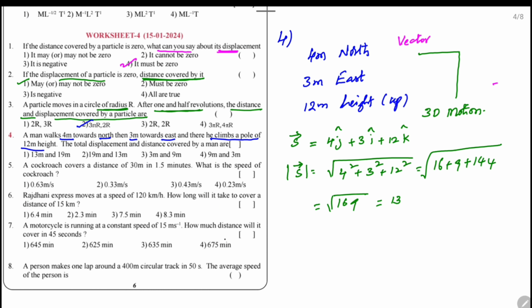Clear? So 13 meters is the displacement. Total distance is very simple: add all the things, 4 plus 3 plus 12, which is 19 meters. So the answer is 1.